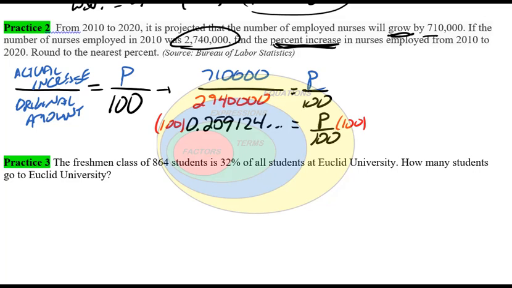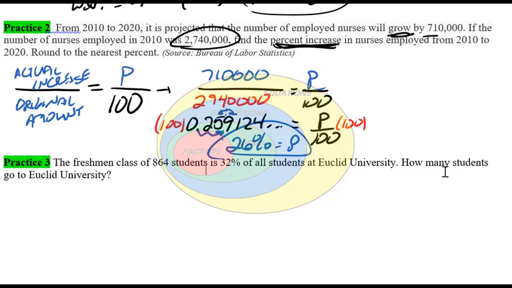It says round to the nearest percent. Multiplying by 100 will just move my decimal place twice. Looking at the 9, I'm going to round that 5 up to a 6. So approximately 26% would equal P. So that would be a 26% increase.